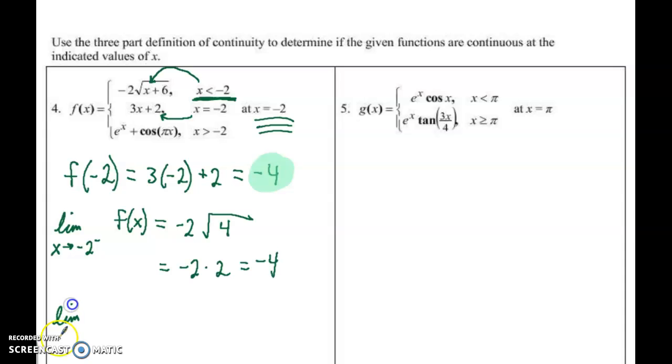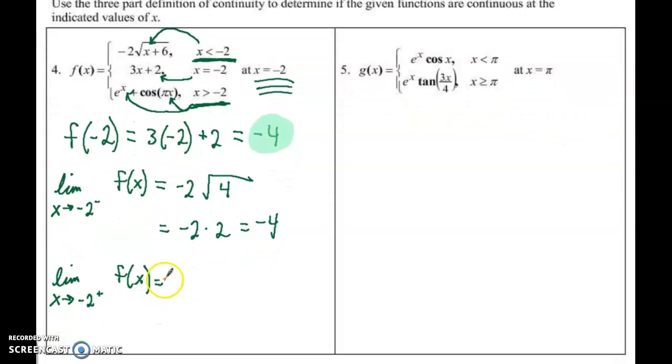So now we need to look at the right side of -2. Now, which one of these conditional statements is the right side? That is this equation that I can plug in here and right here. So what do we have? We have e to the -2 power plus cosine of -2 pi.